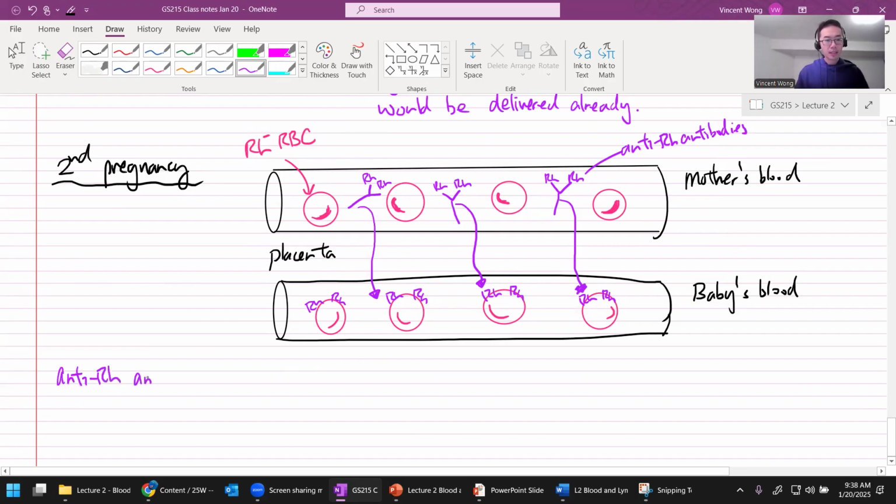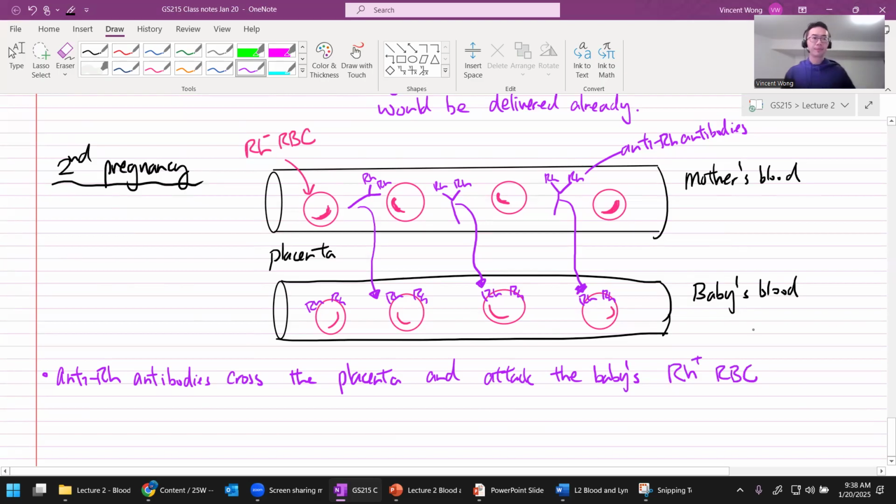Anti-Rh antibodies cross the placenta and basically attack the baby's Rh positive RBC.